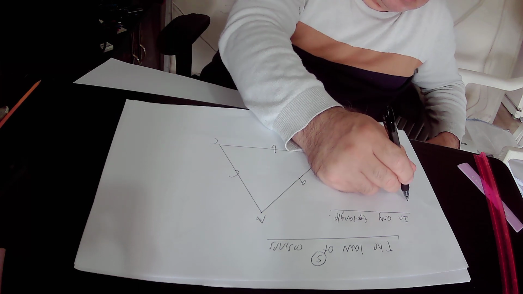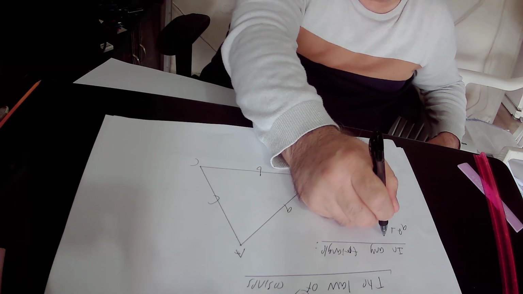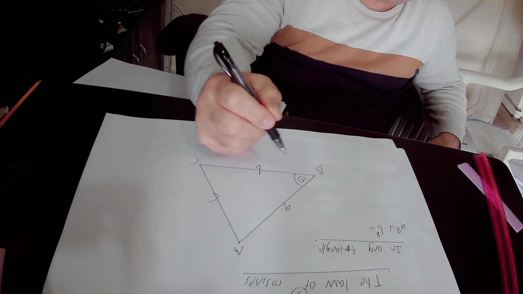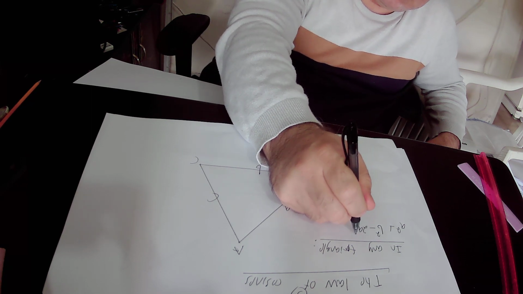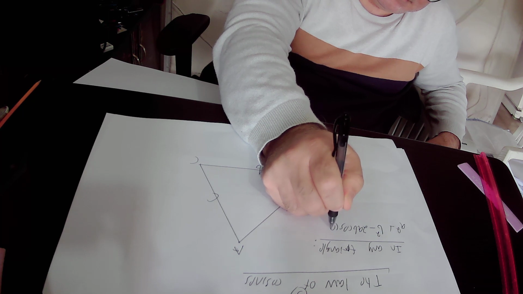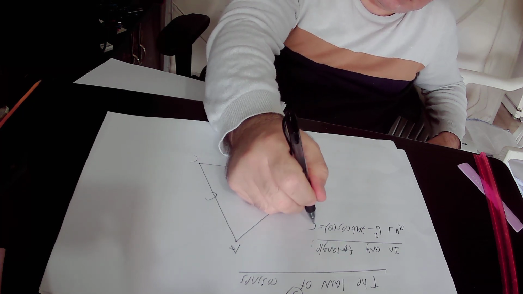A square plus B square minus 2 times AB cosine theta equals to C square.